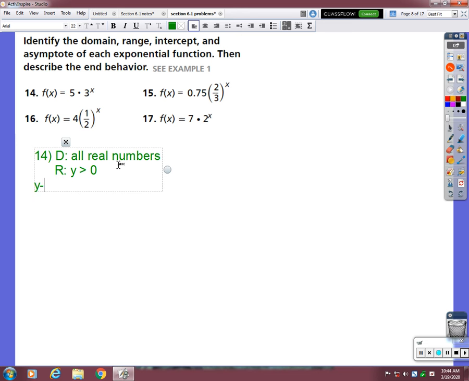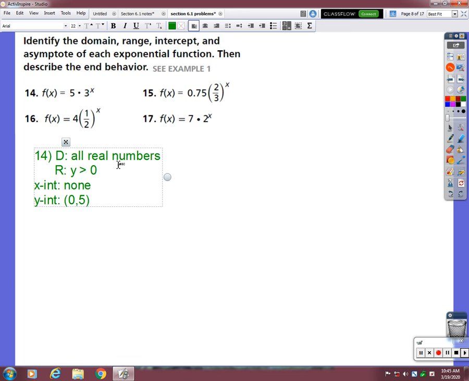Let's do the x-intercept first. Plus, that's really easy. The x-intercept is none. Again, that's because the graph hasn't been moved up or down at all, so it will never cross the x-axis. The y-intercept is at 5, because a equals 5 for that function.